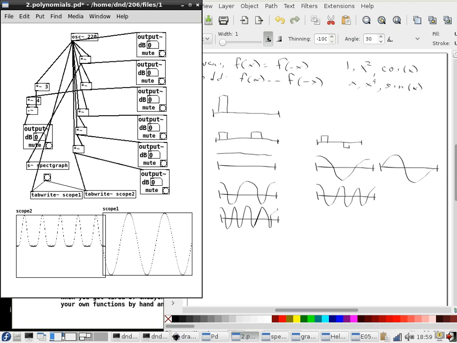The bandwidth is proportional to 1 over the peak width of the pulse. So if you have a pulse width that's smaller, the bandwidth gets larger, which means you get more and more partials. So what happens here is that the total power goes down, but as the bandwidth is going up, the number of partials is going up. And because of psychoacoustics, you actually hear that as a louder tone.